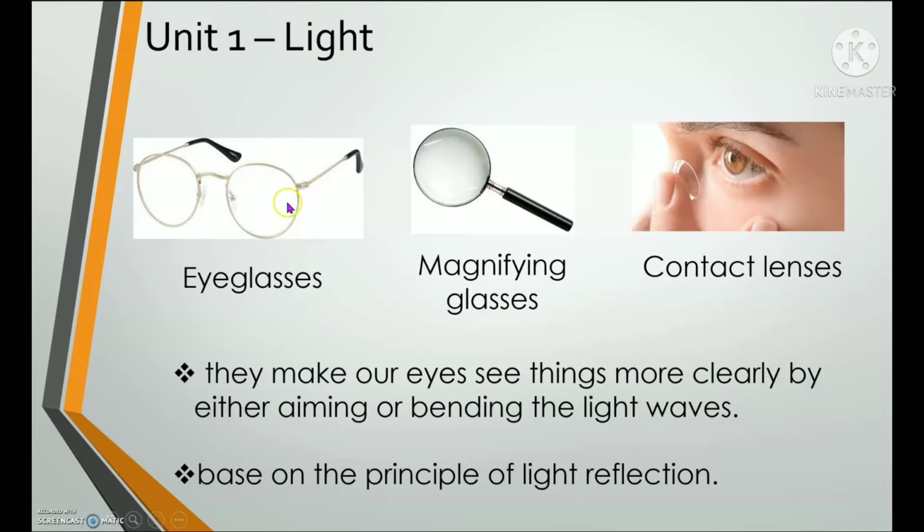So we know that when the light travels through these materials, the light is bending. We will explain it more later on. Let's read the other paragraph. Repeat after me. Based on the principle of light reflection. Very good. We will talk about it more on our succeeding slides.